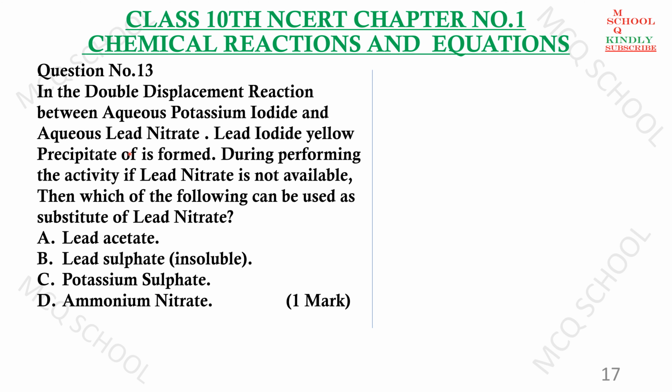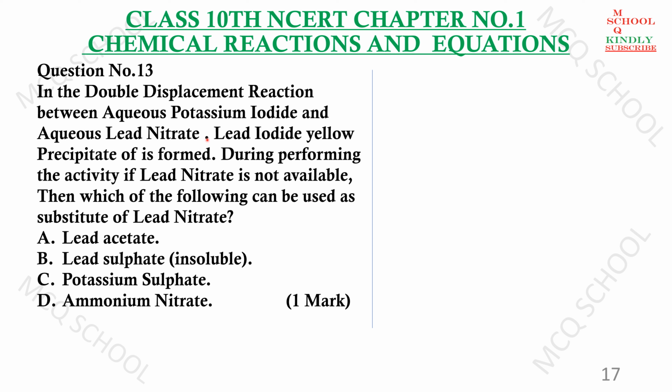Let us take the next question, question number 13. In a double displacement reaction between aqueous potassium iodide and aqueous lead nitrate, a yellow precipitate of lead iodide is formed. During performing the activity, if lead nitrate is not available, then which of the following can be used as a substitute for lead nitrate?